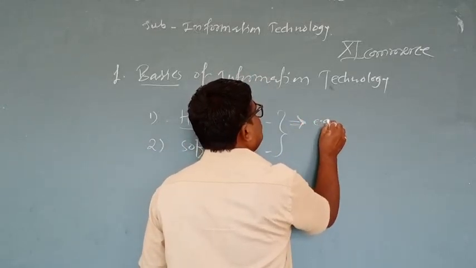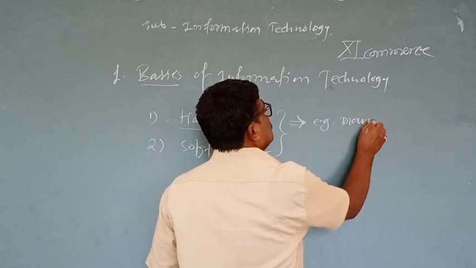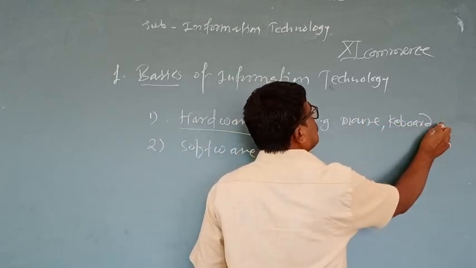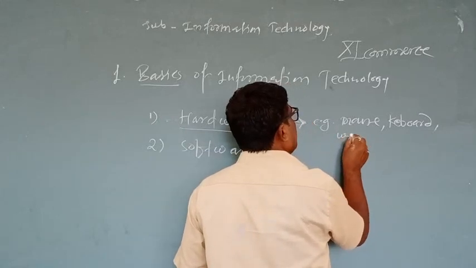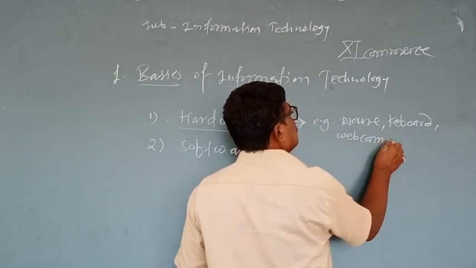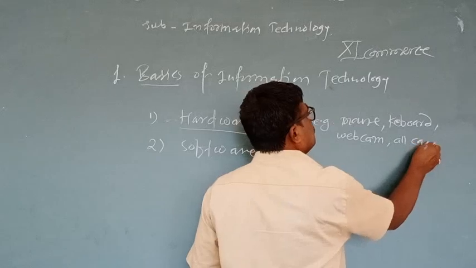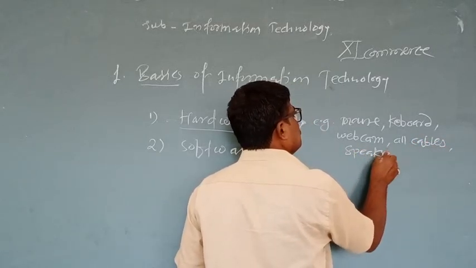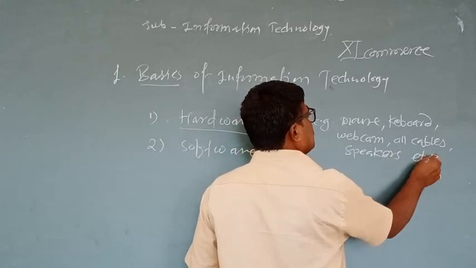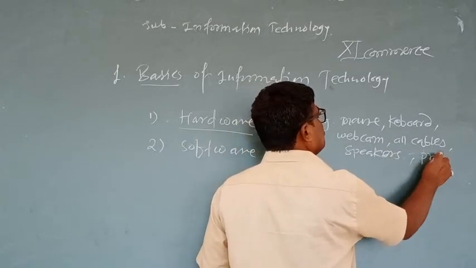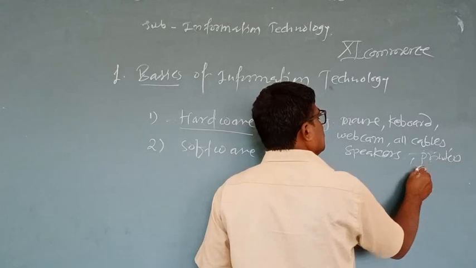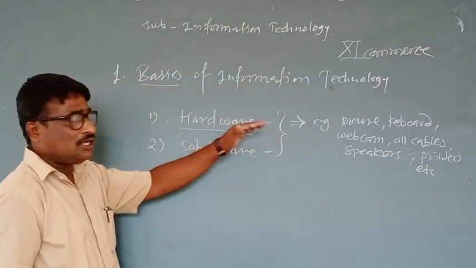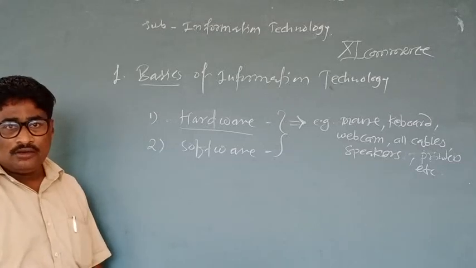For example, mouse, keyboard, web camera, all cables, speakers, printers, etc. Okay, these all the devices are called as the hardware of the computer.